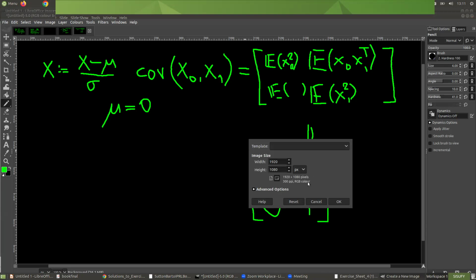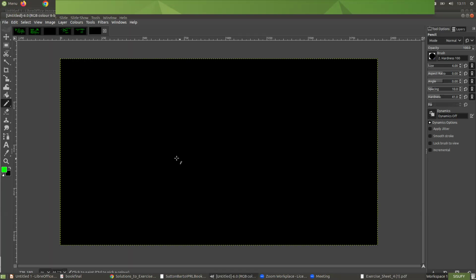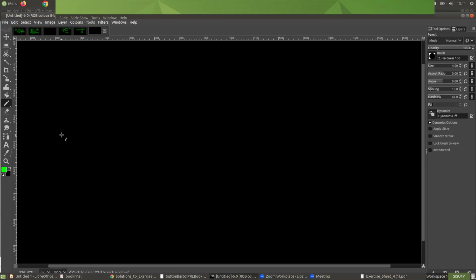I don't know why this is not working the way I want, but okay. Again, I'm drawing a coordinate system with my mouse pad.